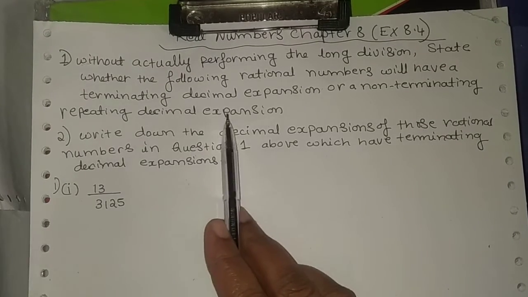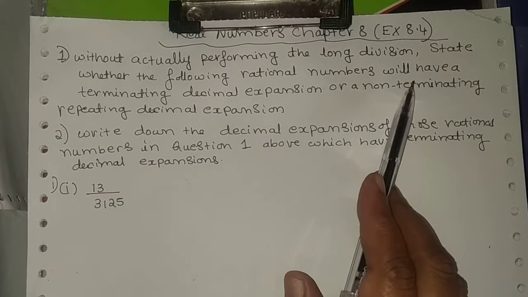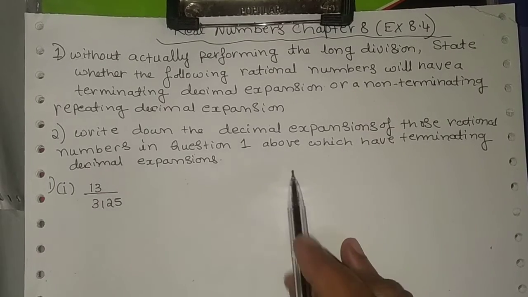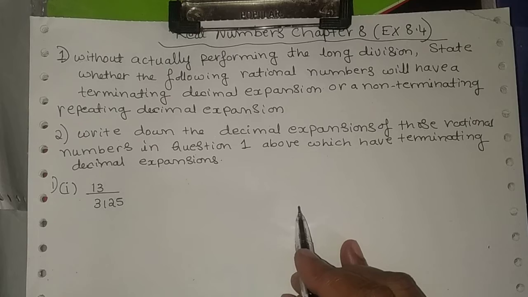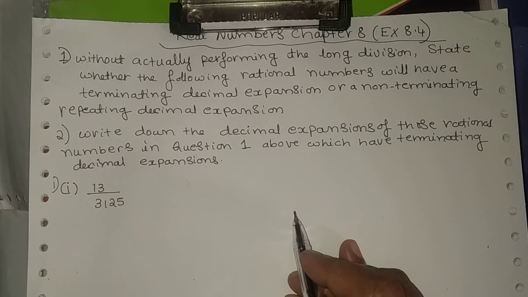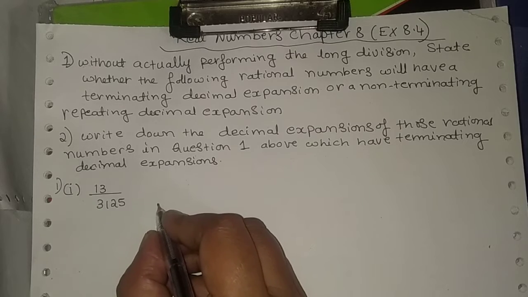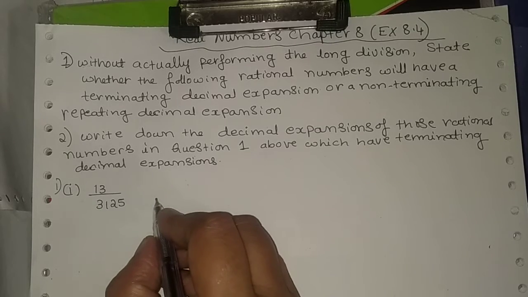So first question: without actually performing the long division, state whether the following rational numbers will have a terminating decimal expansion or a non-terminating repeating decimal expansion. Here the first problem is 13 by 3125.